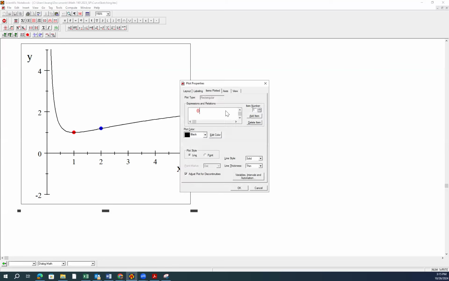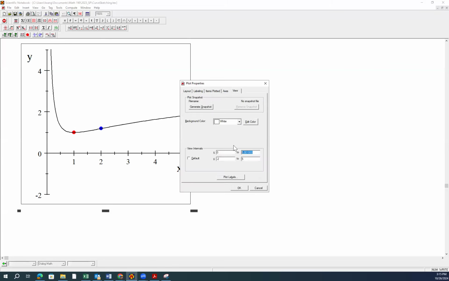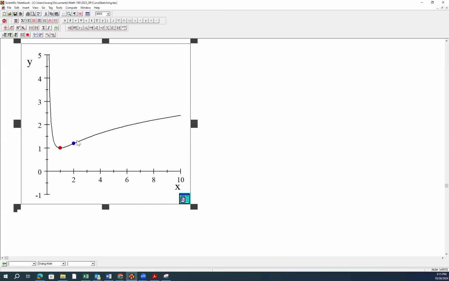If you want to see a little bit more concave down, we can make that interval a little bit bigger. You can see this piece is concave up, and the next piece is concave down. It still goes up, but there's a little concavity facing down.